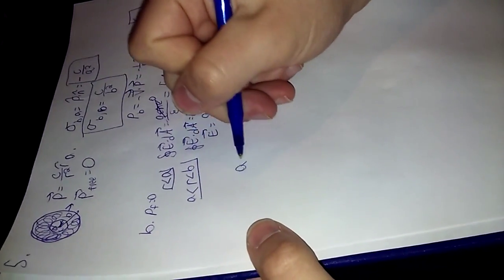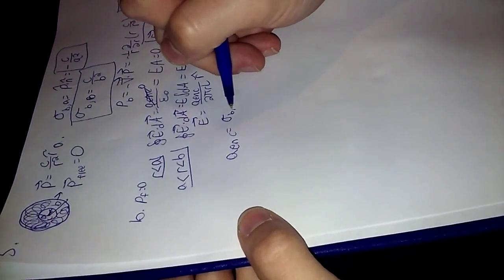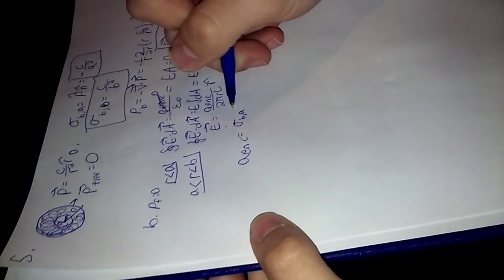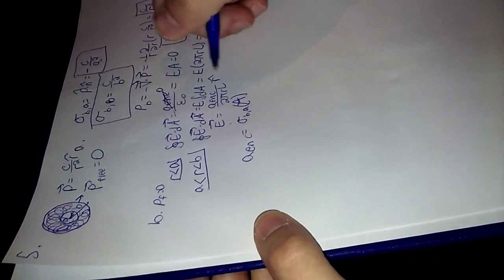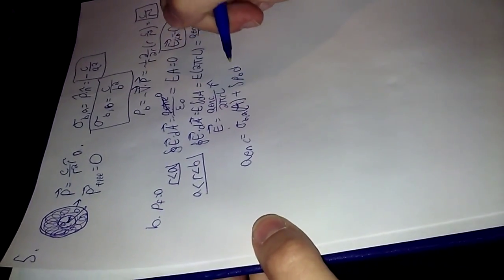So now we need to find Q enclosed. It's just going to be sigma bound at A, which is sigma right here, times the area, plus the integral of rho bound dV.